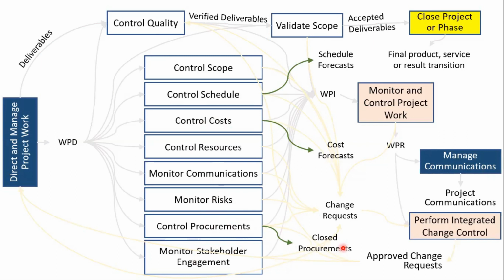So you monitor the procurements or monitor the performance of the seller, and then you continuously stay in touch with the seller about the deliverables he is delivering, and inspection, audits, everything. And finally, once his work is completed, the closure of the procurements should also happen within this process. So closed procurements is something that is special for control procurements.